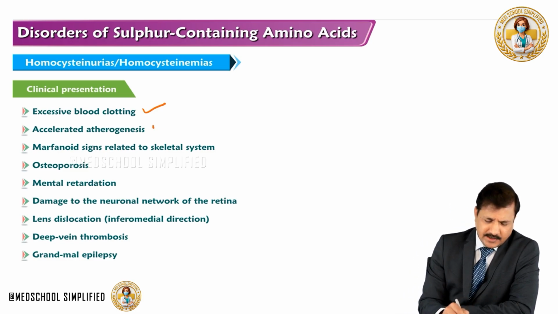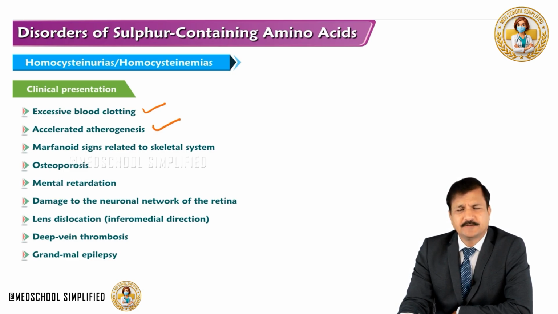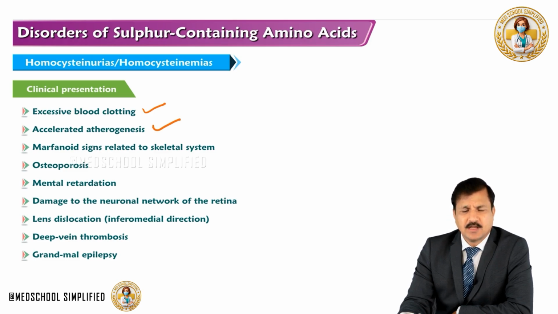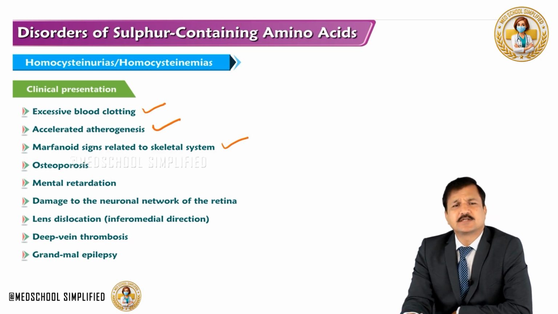And also, elevated homocysteine may promote accelerated atherogenesis by increasing reactive molecule formation, lipid peroxidation, and endothelial damage, leading to accumulation of LDLs in the subintimal space. Patients with homocystinemia will show Marfanoid signs related to the skeletal system.